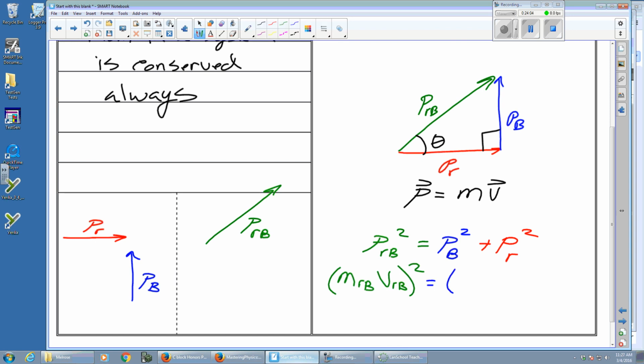The momentum of the blue side would be the mass of the blue times the speed of the blue. The red would be the mass of the red times the velocity of the red.